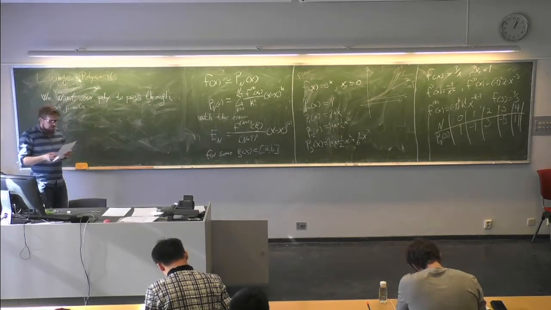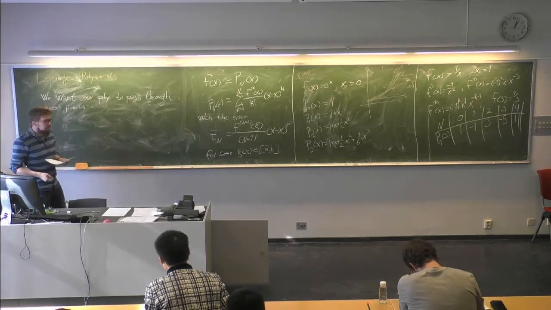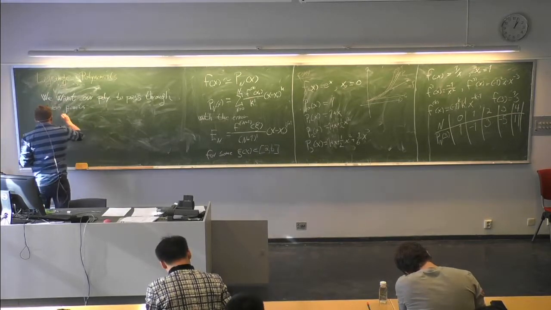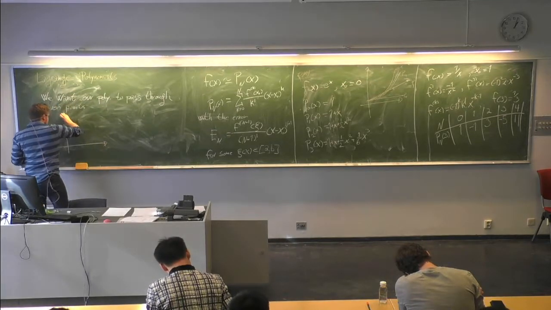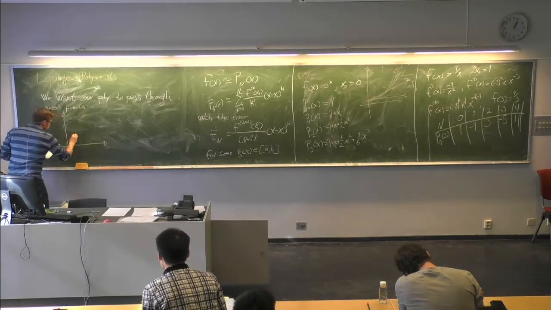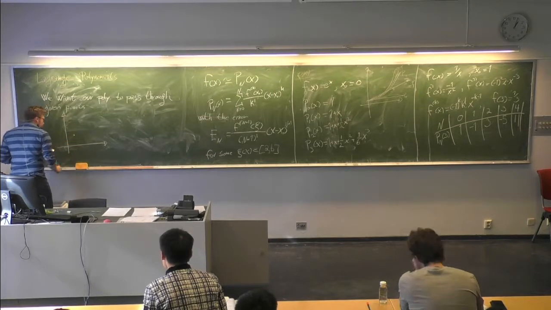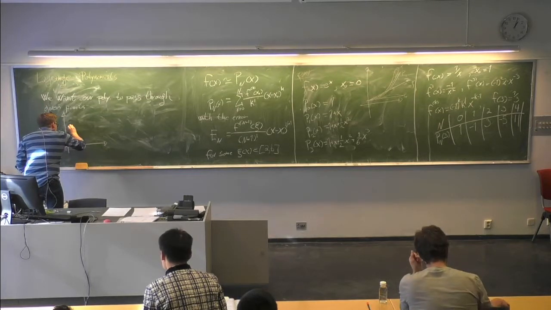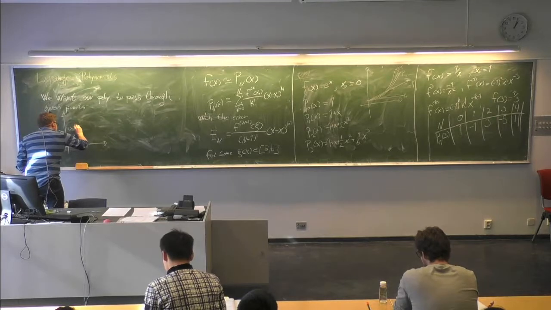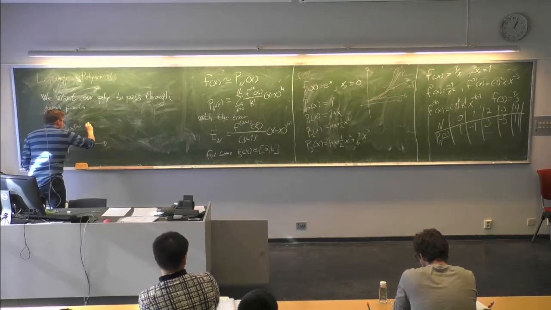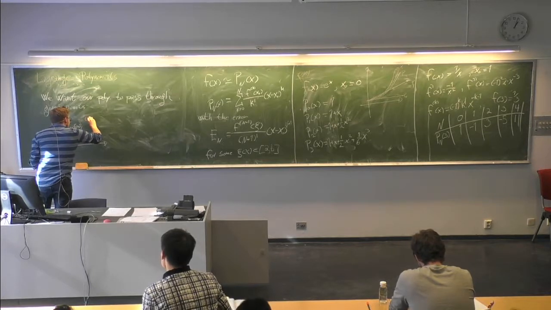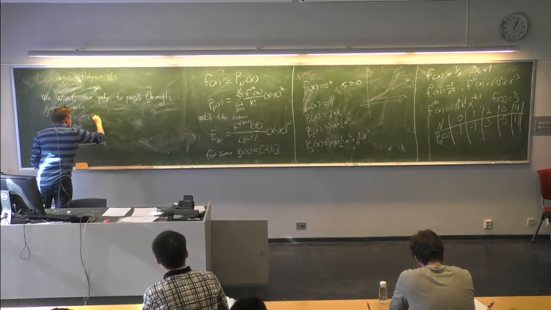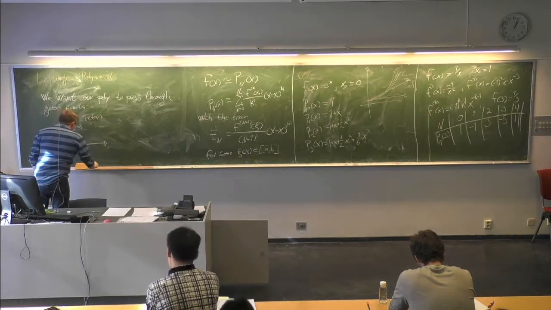So say that we want a polynomial of degree 1 that passes through two points in the plane, say the point x0, f of x0, and the point x1, f of x1.